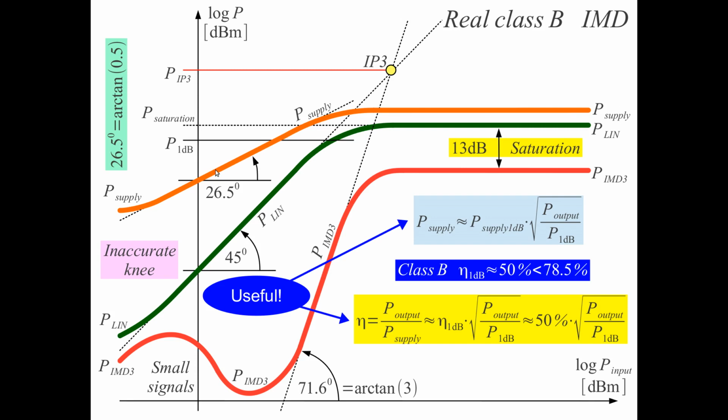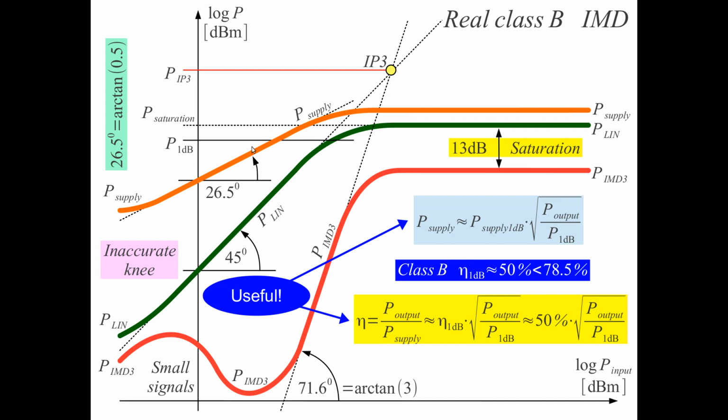Say an ideal class B amplifier with no drive has no power supply consumption. And this is the important point because we want to amplify small signals. While we are amplifying small signals, the average output power decreases, but also the supplied power decreases. Therefore, the efficiency is much better.